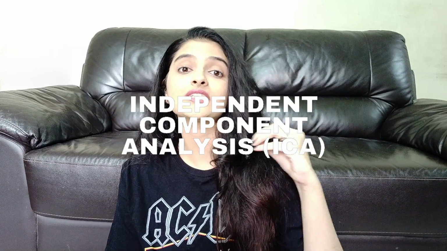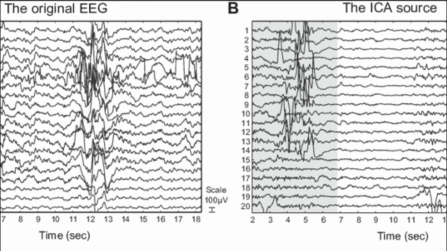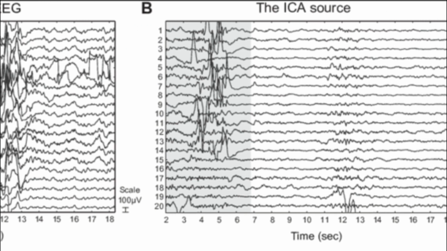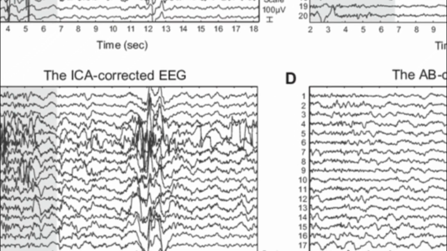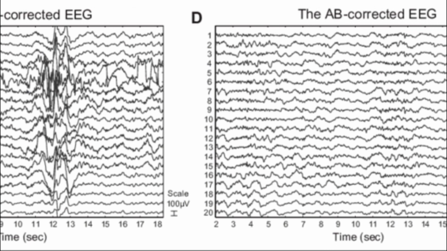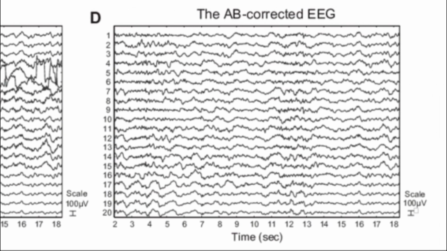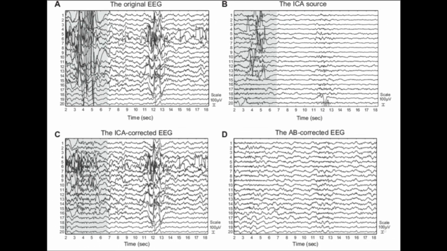There are two other techniques that are based on EEG. The first one we'll talk about is independent component analysis, ICA. This process allows identification of individual signals coming from different areas of the brain. So ICA allows a more detailed and precise interpretation of the signals coming from different areas of the brain's surface.